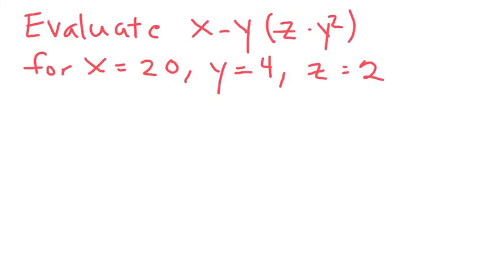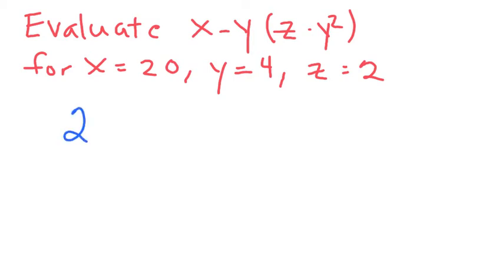Now, you're also going to have some problems that just say evaluate. Then they give some values to plug in. We've had that before, but now there's exponents involved. You have to keep in mind order of operations. So, first thing to do is plug in all the values because it says x is 20.